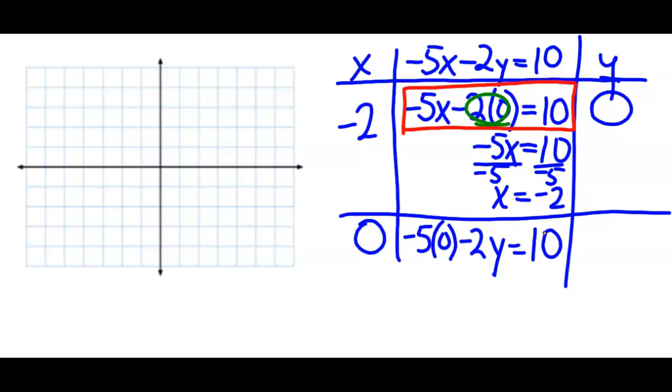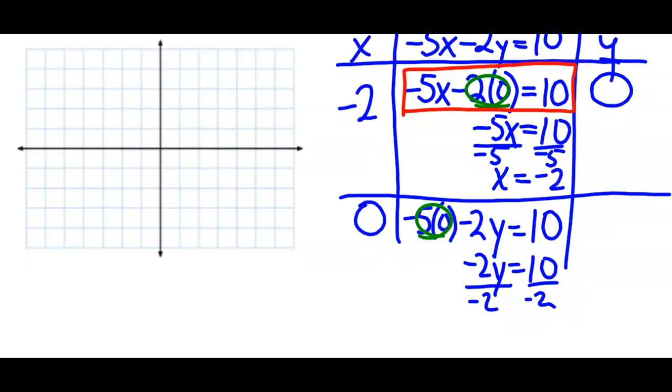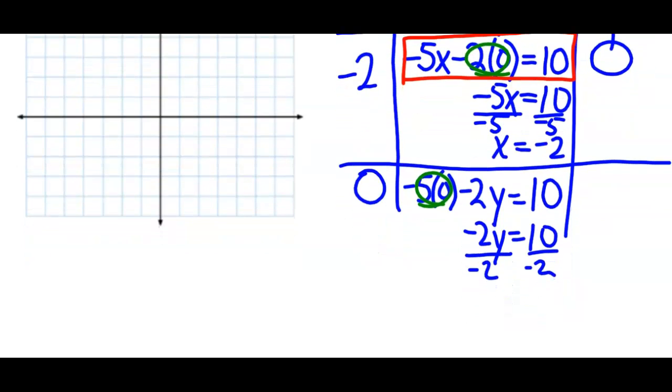Again, this will be equal to 0. So I'll have minus 2y equals 10. Divide both sides by negative 2. Make sure it's negative. When I do that math, I've got y equals negative 5.